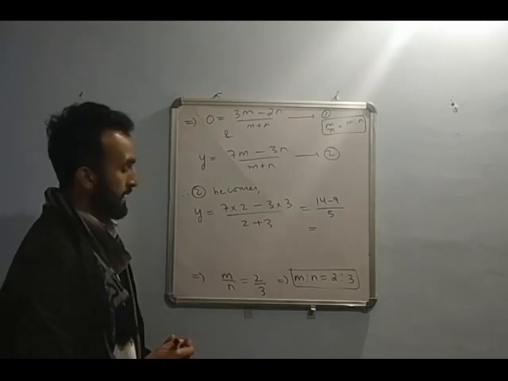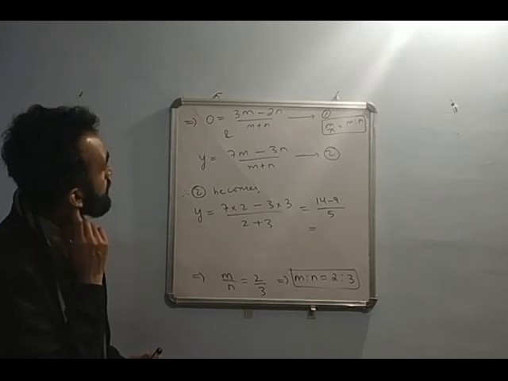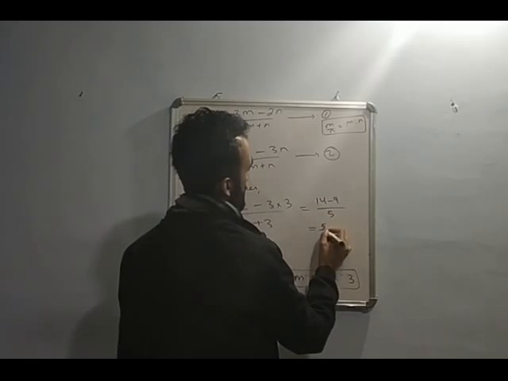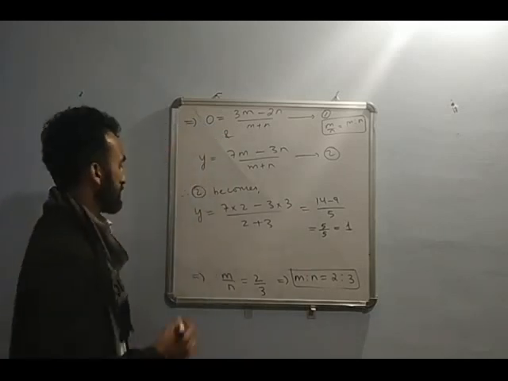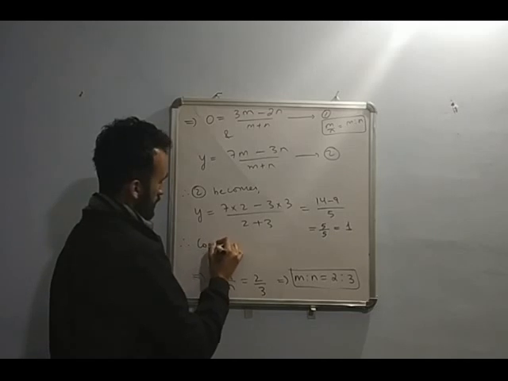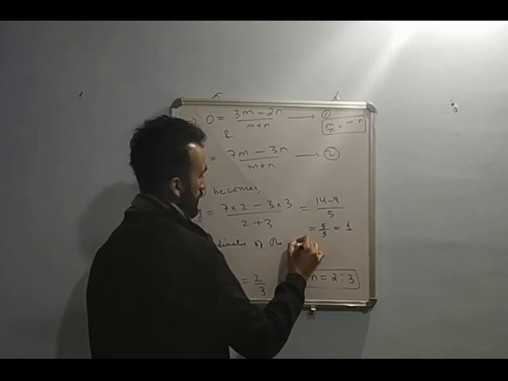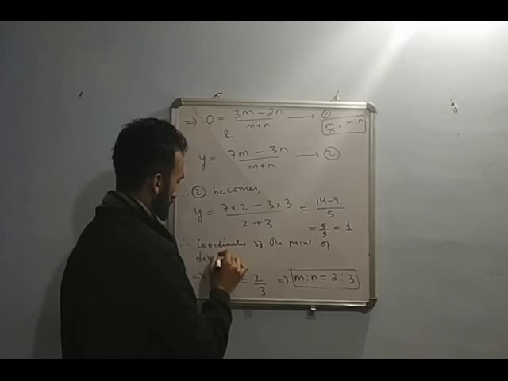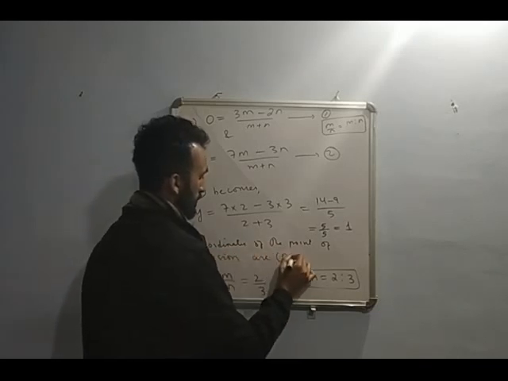14 minus 9 divided by 5 is how much? 14 minus 9 comes to 5, no? 5 by 5 is equal to 1. Therefore, the coordinates of the point of division are (0, 1).